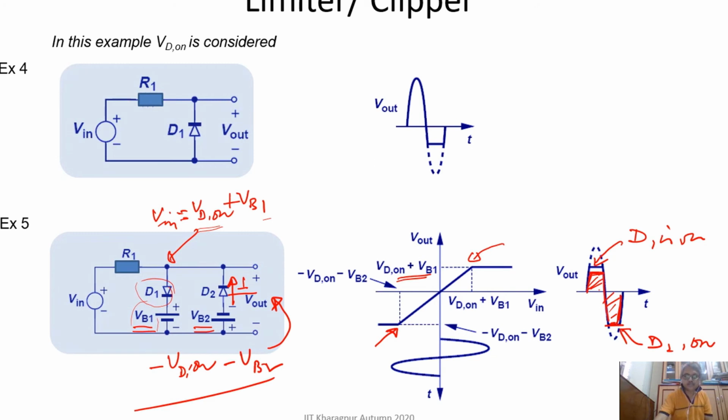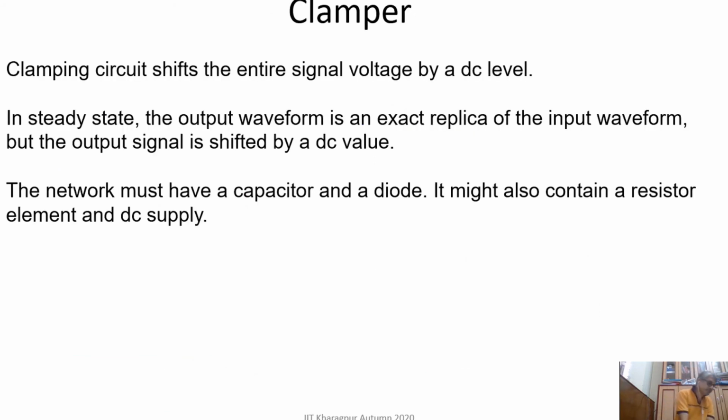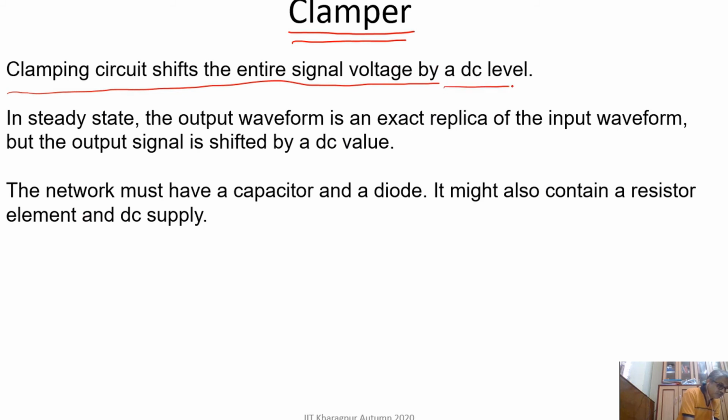Now let's discuss the last application, which is basically the clamper application. In case of a clamper application, what is the purpose of the clamping circuit? A clamping circuit basically shifts the entire signal by a DC level.